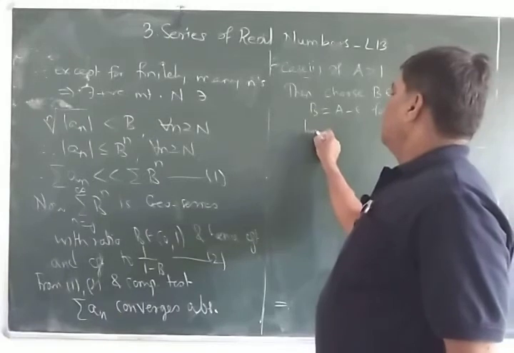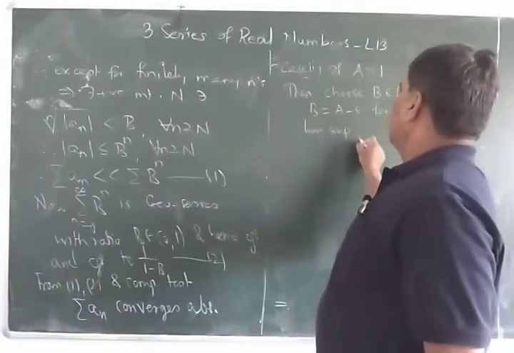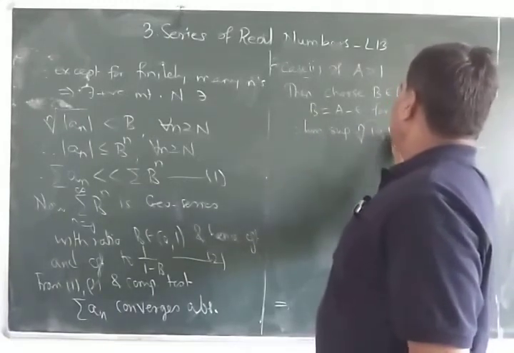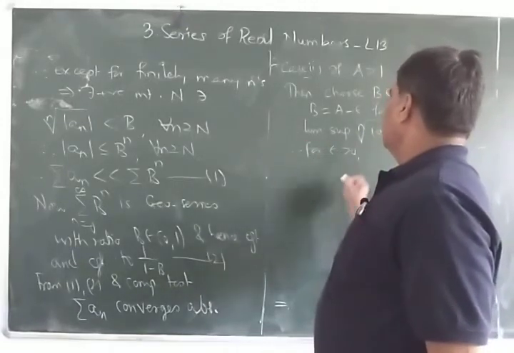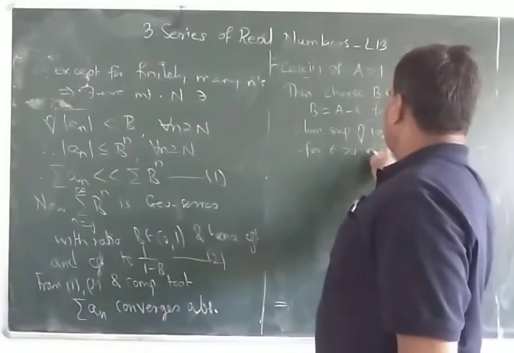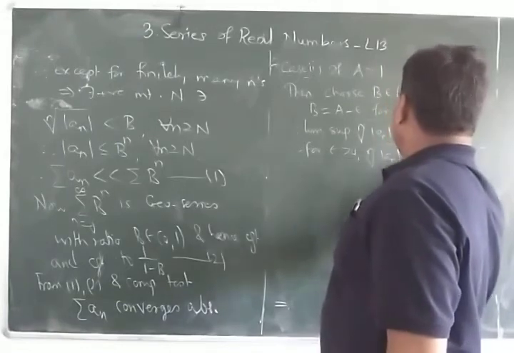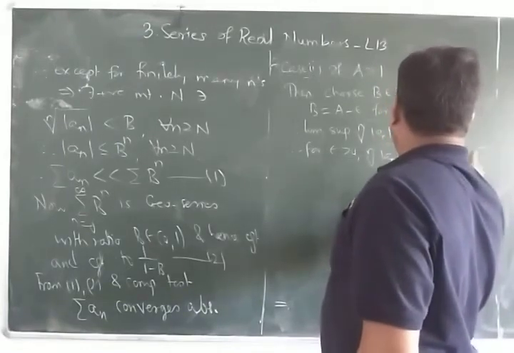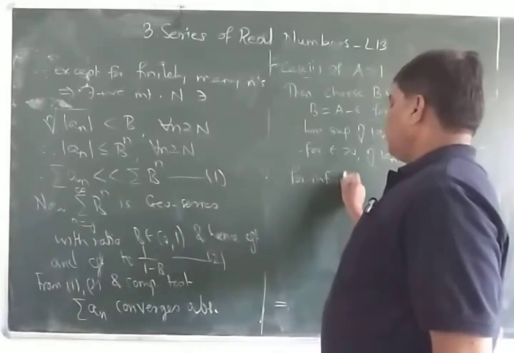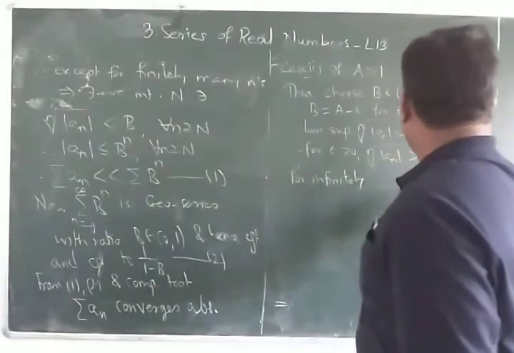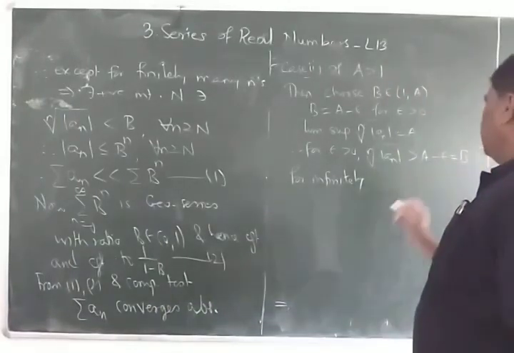Since the lim sup of the nth root of |a_n| is equal to a, therefore for epsilon greater than 0, the nth root of |a_n| is greater than a minus epsilon, which is equal to B, for infinitely many n's, and this B is greater than 1.